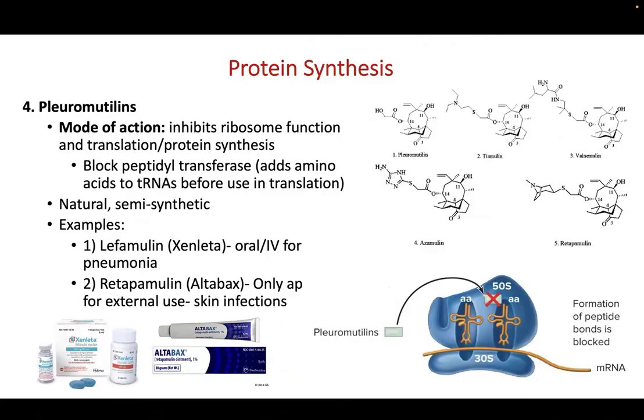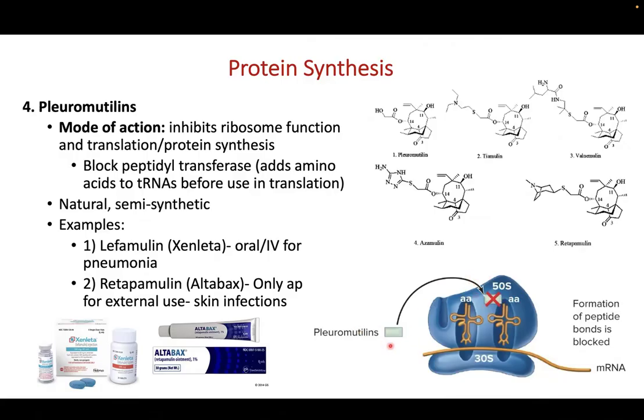And basically, if you have it here, it comes over here and just blocks peptidyl transferase on the 50S, and it prevents the transfer of this peptide group to the next group. You remember when we discussed it, this peptide group here has to bind to the next available peptide group.